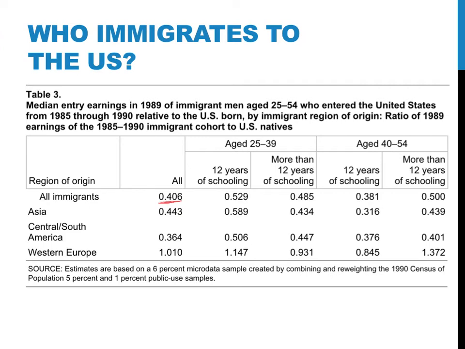We can see that the male immigrants from Western Europe appear to be roughly equally skilled compared to U.S. native men, and the immigrants from Asia and Central and South America appear to be of lower skill levels.